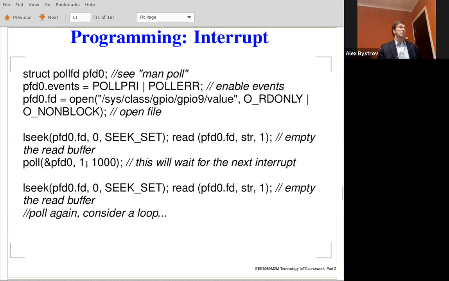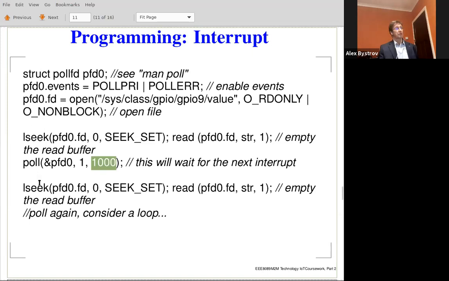In our case, this number is not essential. If you put here 1 million, 10 million, just a large number, then it's fine, because we don't really need the time. So this is the key aspect of waiting for an interrupt. And then after this, we may want to do this again and again.